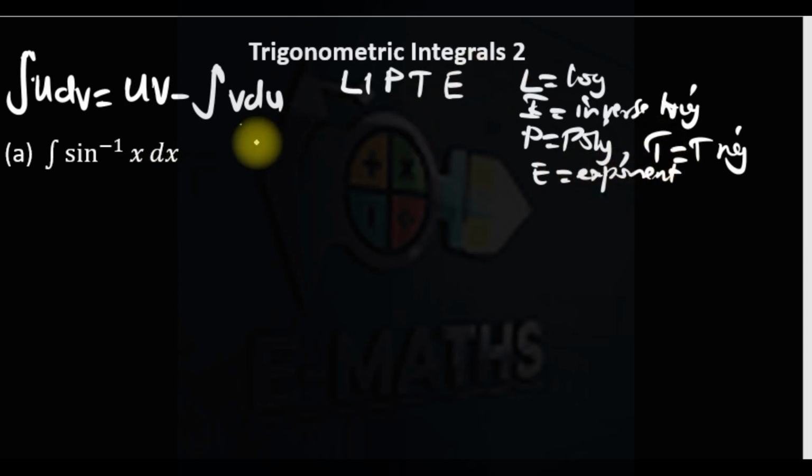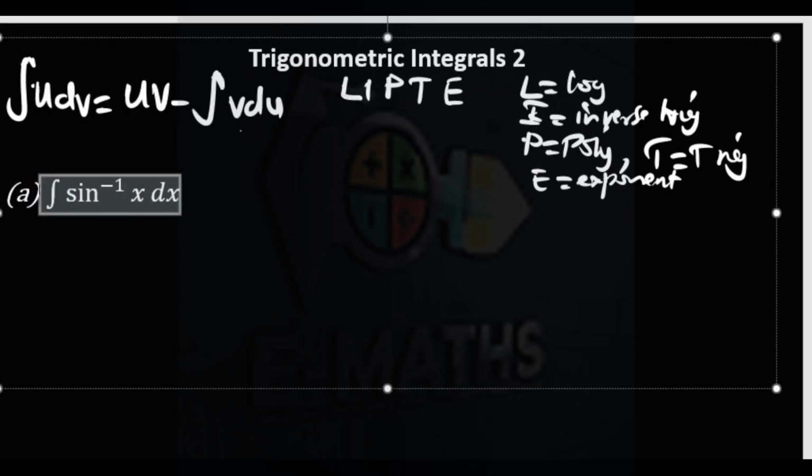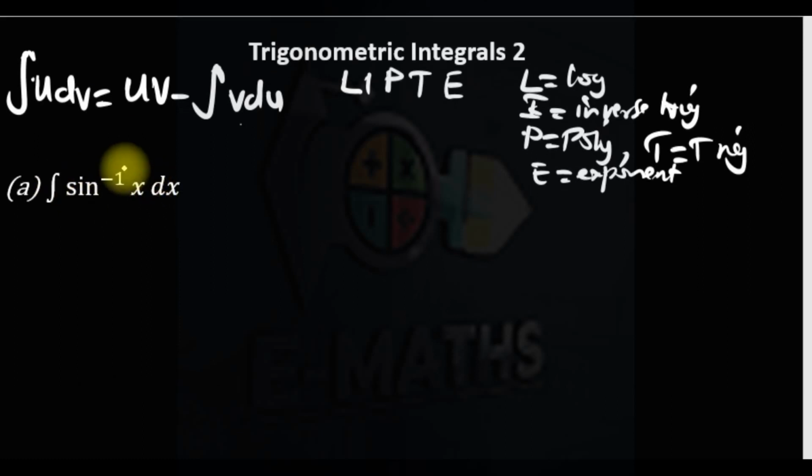So in this case our u is this. From this, it seems we are given only that, but in the real sense our u is this, while our dv is 1 dx or dx.